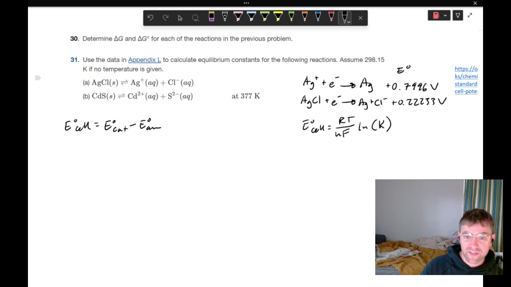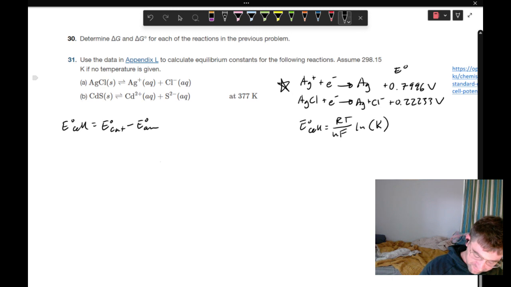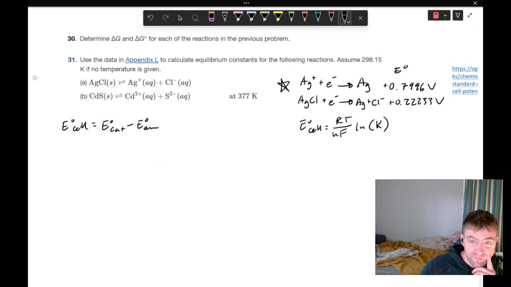Looking at our equation here, oh, I already pulled this in. So these are our standard half reactions from Appendix L that you need to use for this problem.